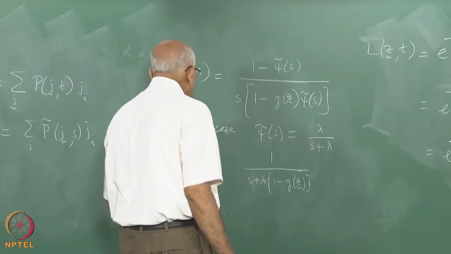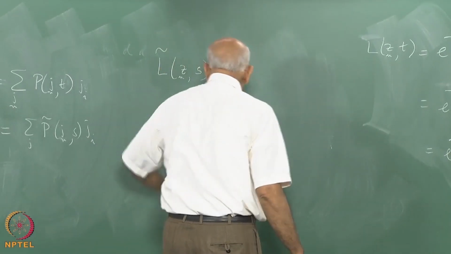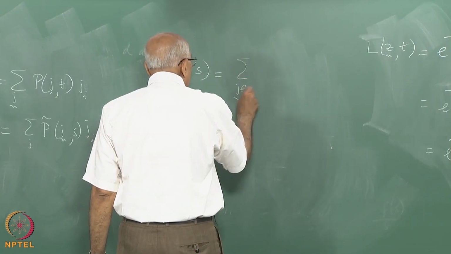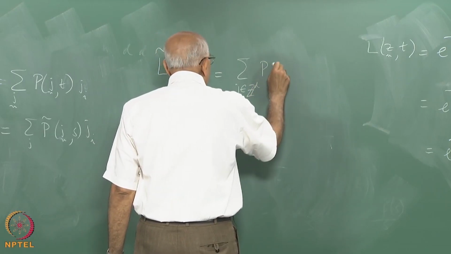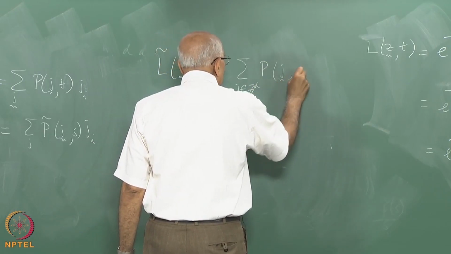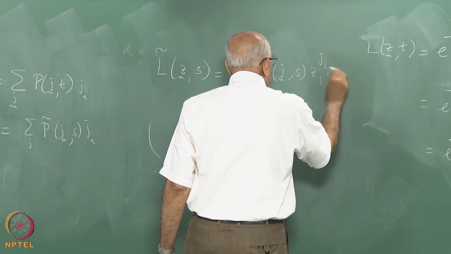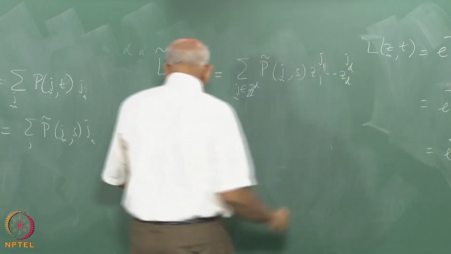We already have a generating function, L tilde, equal to the summation over j, an element of this d-dimensional lattice, of p tilde of j, s times z1 to the j1 ... zd to the jd.